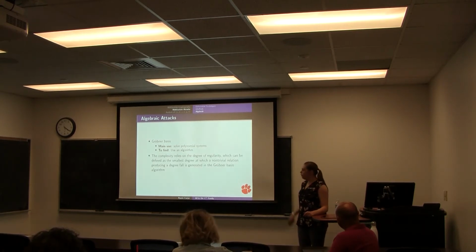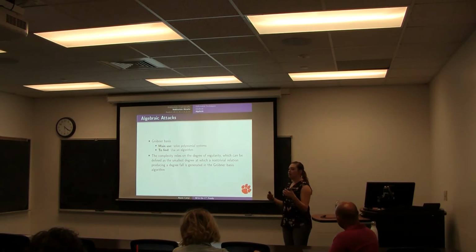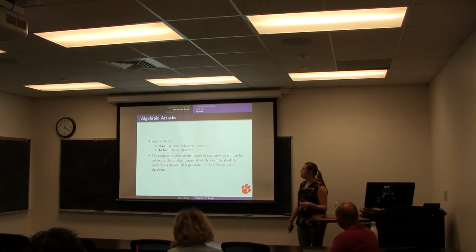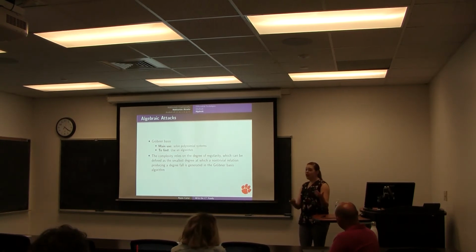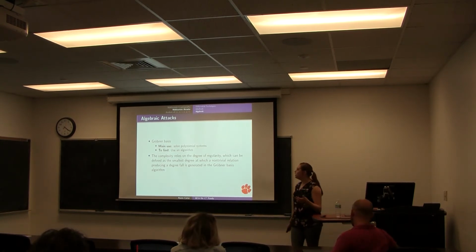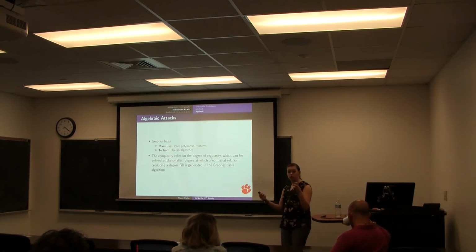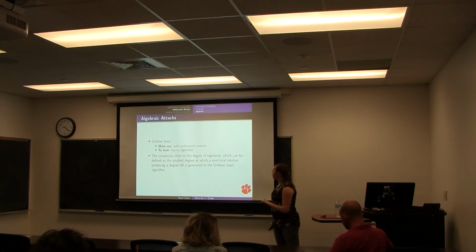But what we really care about is the fact that the complexity of solving a system directly is going to rely on the degree of regularity. One way to define the degree of regularity is as the first fall degree, which is the smallest degree at which a non-trivial relation producing a degree fall is generated in the Gröbner basis algorithm.